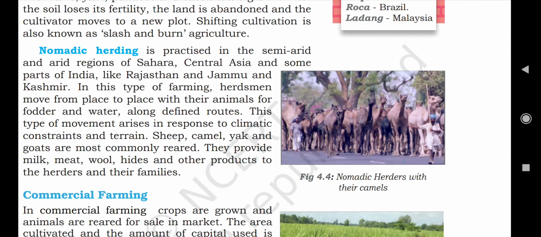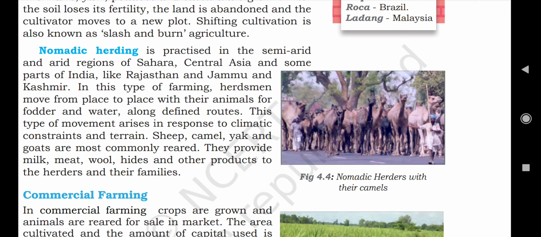This kind of agriculture is practiced in the semi-arid and arid regions of Sahara, Central Asia and some parts of India like Rajasthan and Jammu and Kashmir.